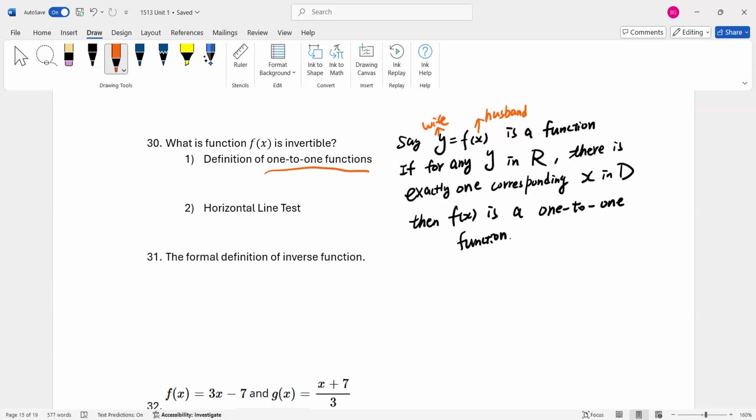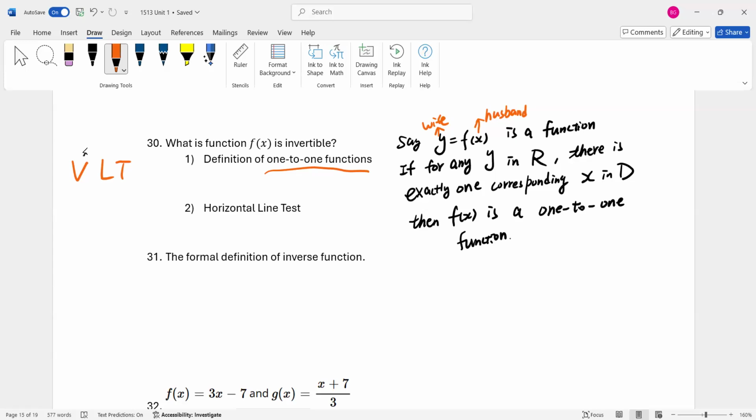So one-to-one. Do you guys remember the vertical line test? Yes. We use a vertical line test to determine if a graph is a function. If no vertical line crosses the graph more than once, we say the graph passes the vertical line test, then the graph is a function.